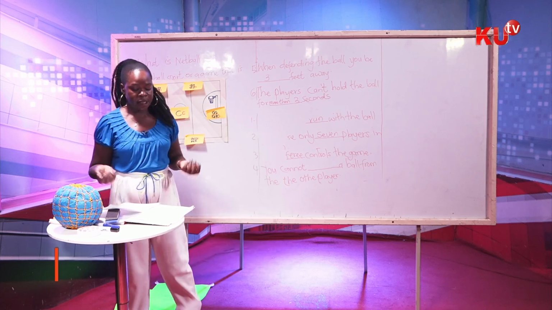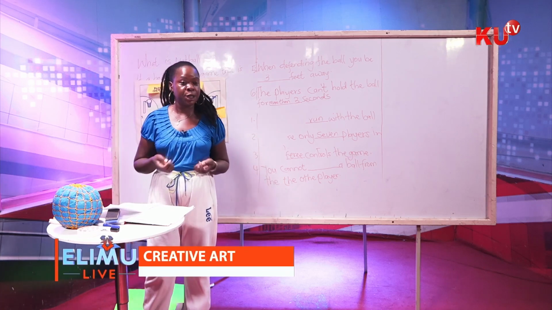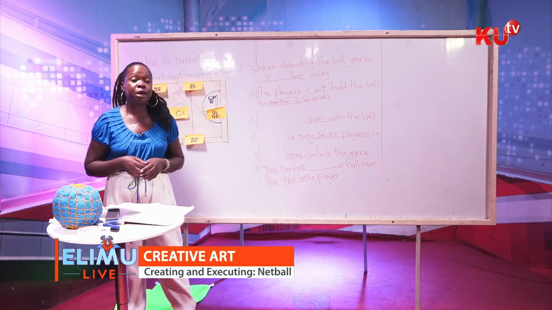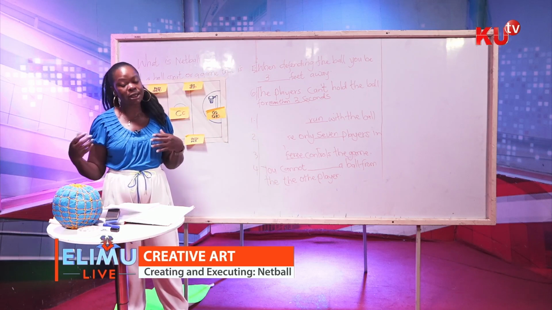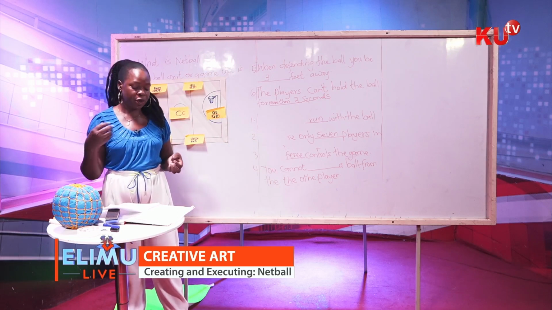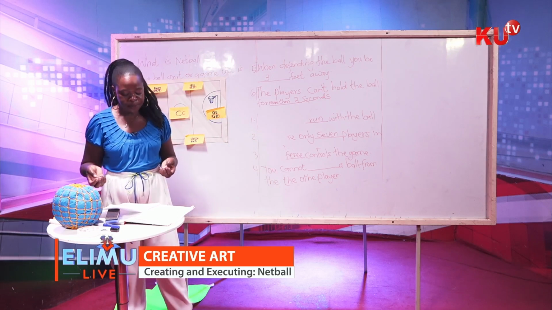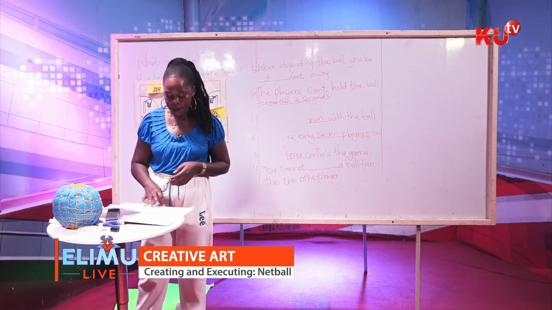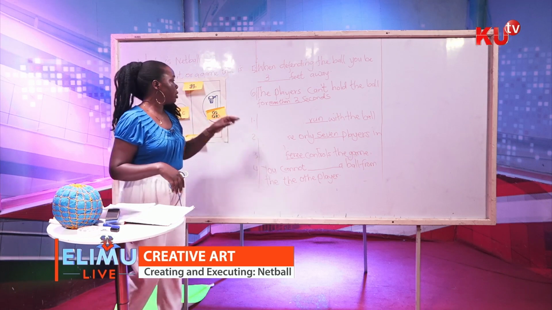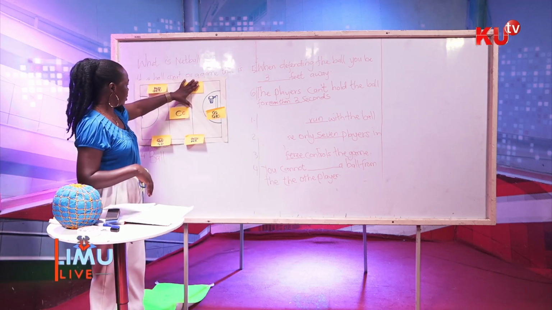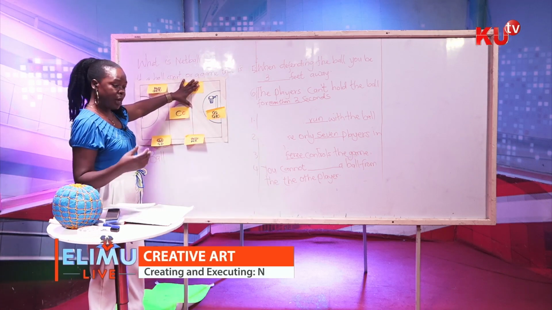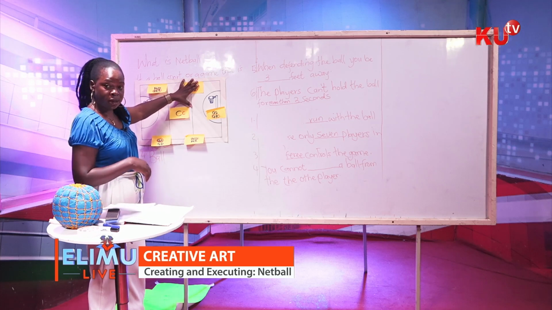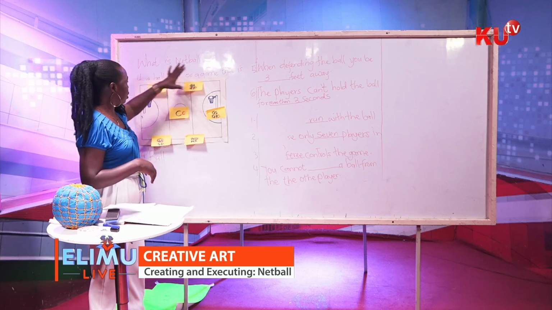And then I also said that we play netball for enjoyment, for entertainment, to keep fit, and also to pass the ball around and score more goals than the opposing team. All right? I also talked about the netball court. I said for us to play netball, we need a ball, we need a netball court, okay?